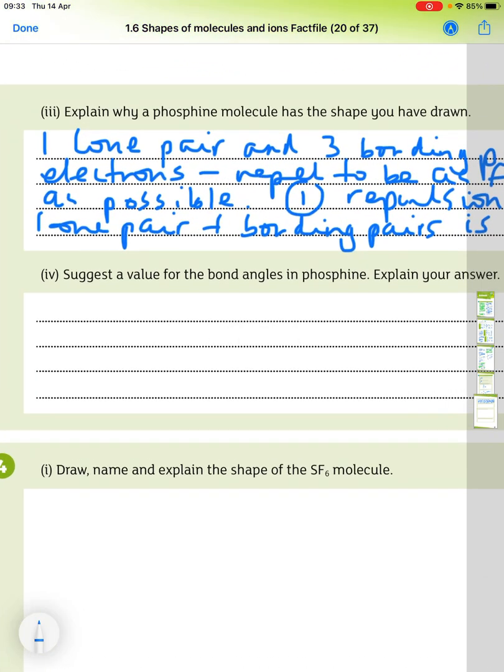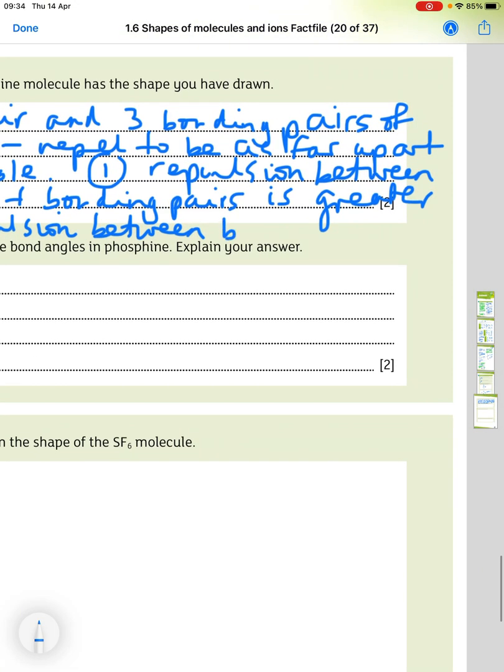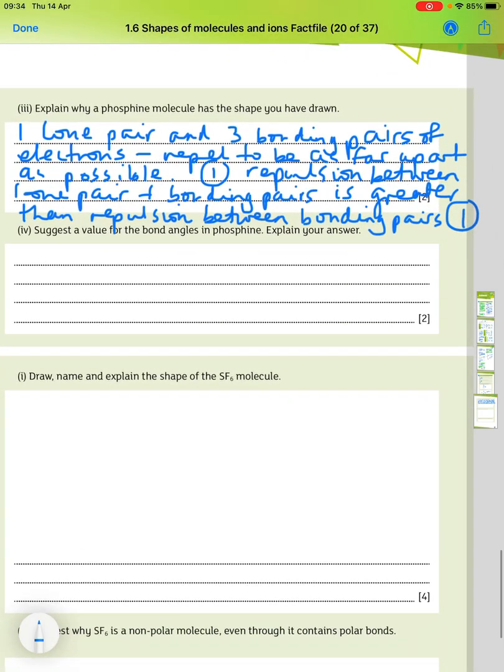I think I might just fit this in. So that's for your second mark.